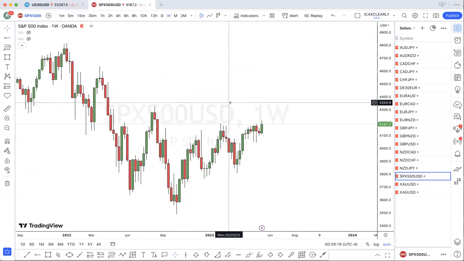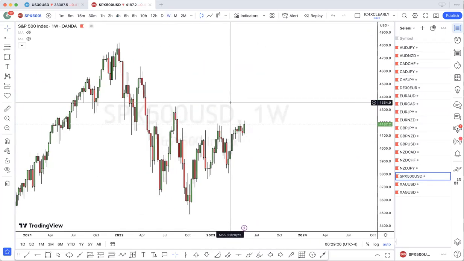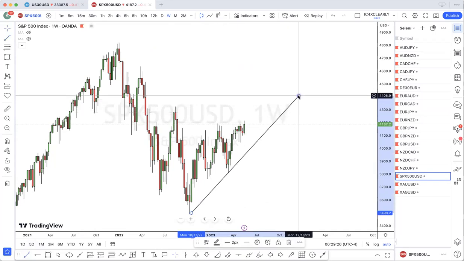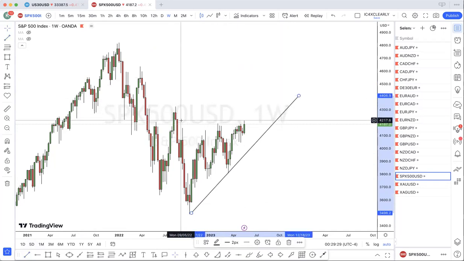We have a weekly bullish order block. Price is currently bullish for the indices.